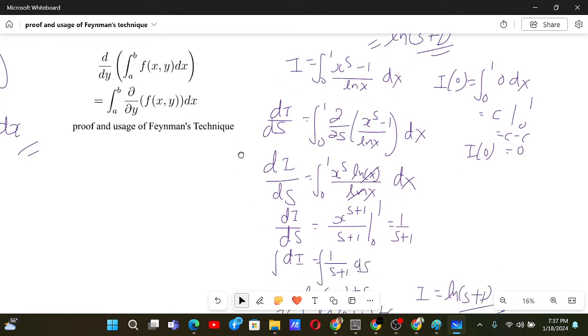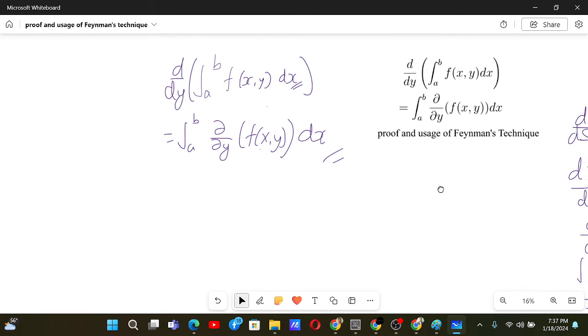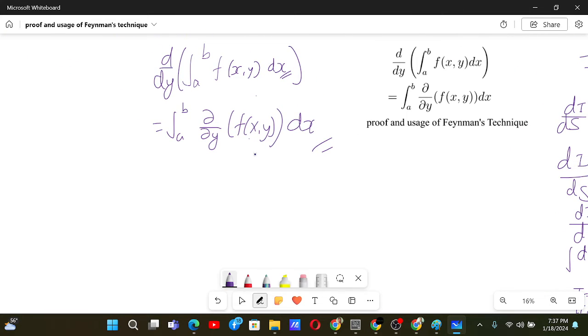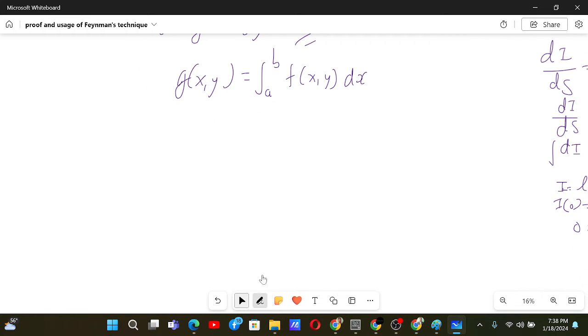Now that we know how to use Feynman's technique, let's go to the proof of Feynman's technique. Let's say we have this function g of x comma y as the integral from a to b of f of x comma y dx. Now we have to find the derivative of this function with respect to y.